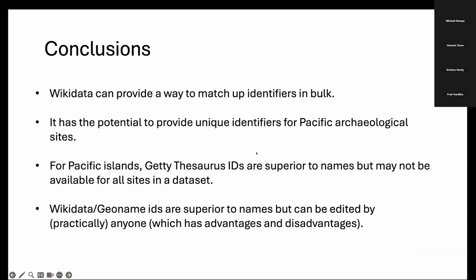So in conclusion, I think Wikidata can be a useful way to match up identifiers. One of the strengths that is also a huge weakness with Wikidata is that anyone can edit it. This is good because it's in a way less colonial, because it's not just limited to Europeans.